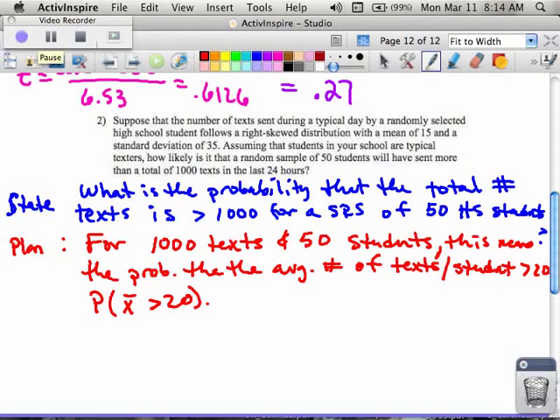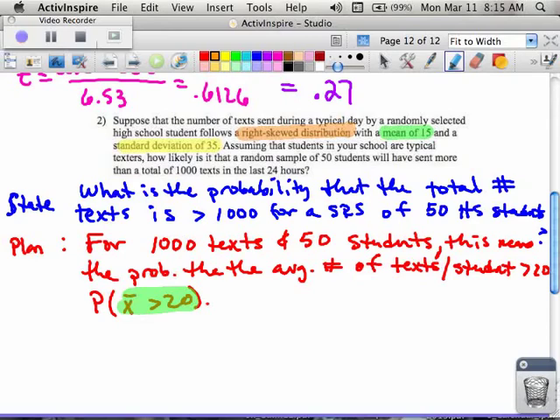So in this paragraph, the clue that I had to do something like the 20, back up at the top here, they said that there was a mean of 15 per student, and that's why I wanted to find the average number of texts per student. Don't forget that they also give you a standard deviation of 35, but more importantly, it's right skewed. Is that going to matter for us? Why not? Because the sample is 50, so it's bigger than 30, so we don't have to worry about that.